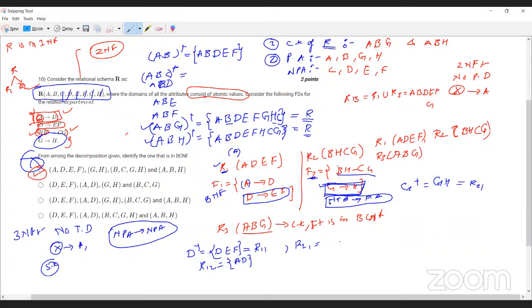No. And G is not a key, right? So it meets the second condition for 3NF. The right-hand side is a prime attribute, so we don't have to decompose this.